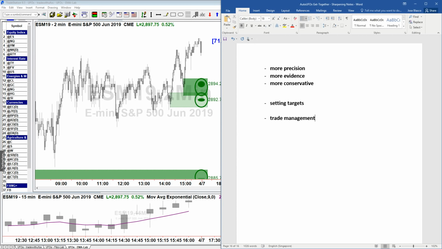And again, the key would be the timing of those actions. Just like the timing of the entry and the exit is key, the timing for the trade management is also key. I mean, we know that.